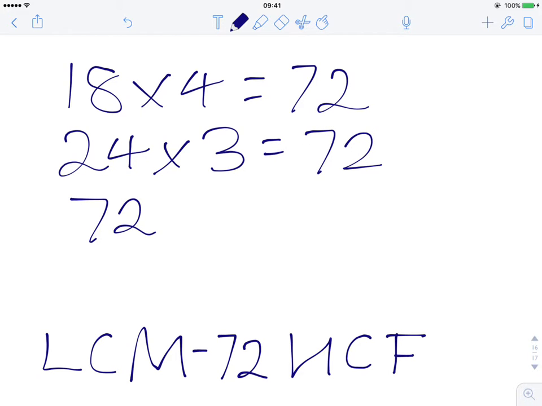And 72 times 1 is 72. So 72 is the lowest common multiple.